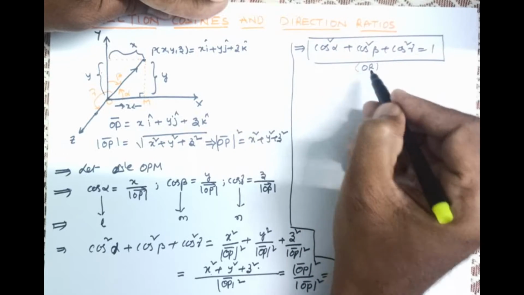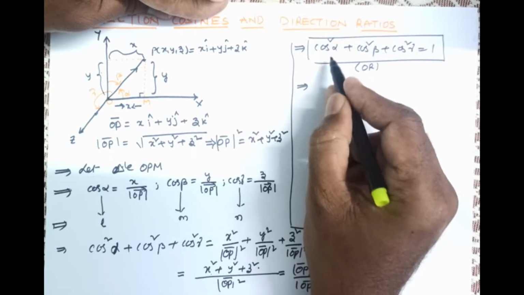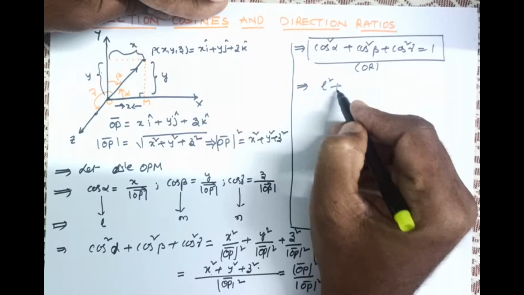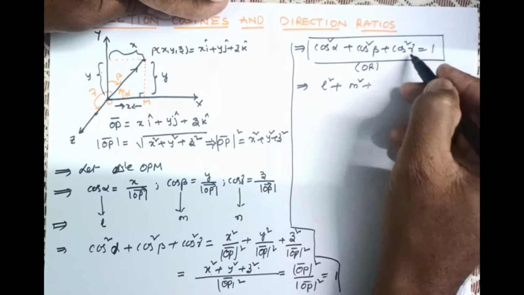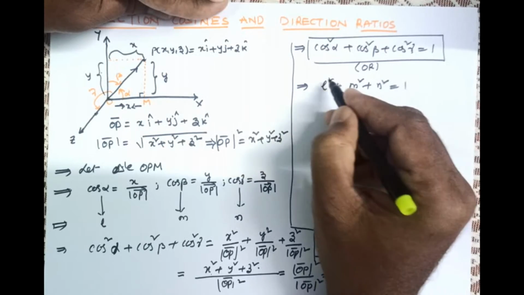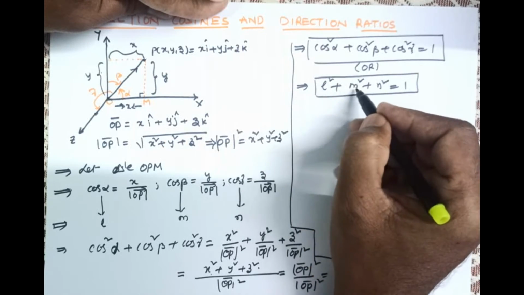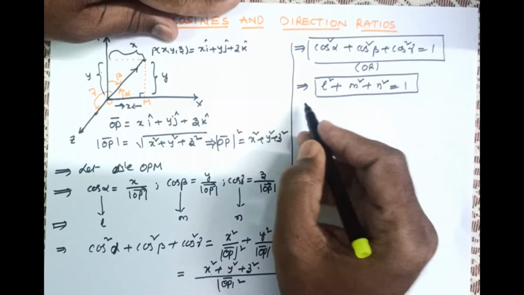Otherwise you can write cos alpha as L, cos beta as M, cos gamma as N: L square plus M square plus N square is equal to 1. If L, M, N are DCs, then L square plus M square plus N square is equal to 1.